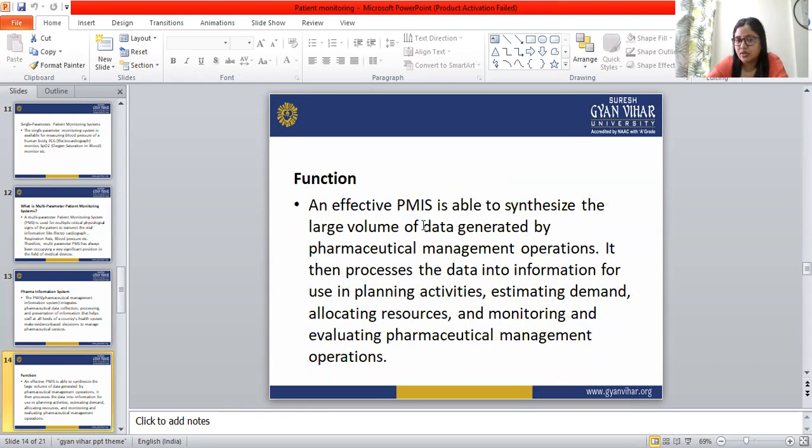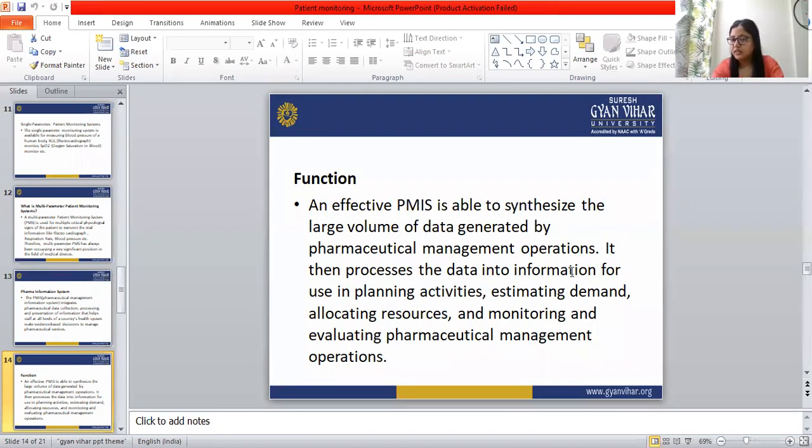So what are the functions of the pharmaceutical management information system? An effective PMIS is able to synthesize the large volume of data generated by pharmaceutical management operations. It then processes the data into information.